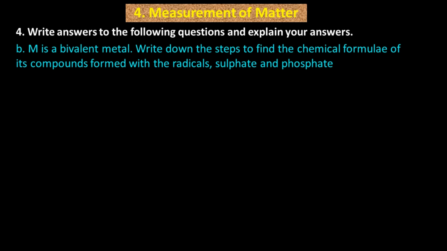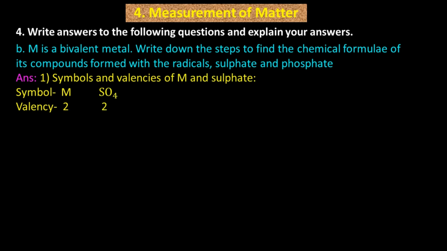B. M is a bivalent metal. Write down the steps to find the chemical formula of its compounds formed with the radicals sulfate and phosphate. Answer. 1. Symbols and valencies of M and sulfate.